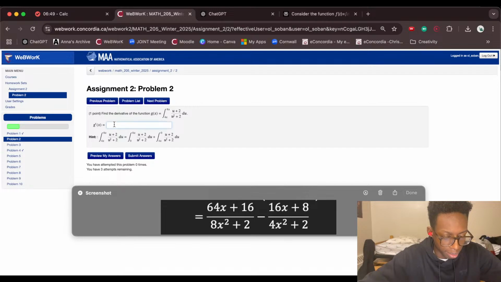So it'll be 64x plus 16 divided by 8x squared plus 2 minus 16x plus 8 divided by 4x squared plus 2.